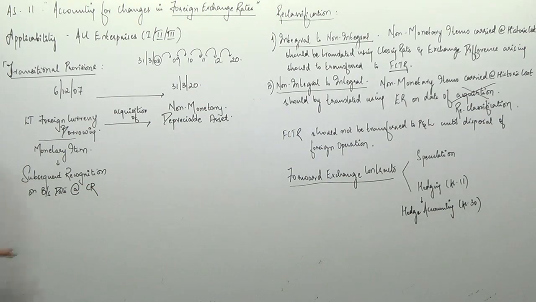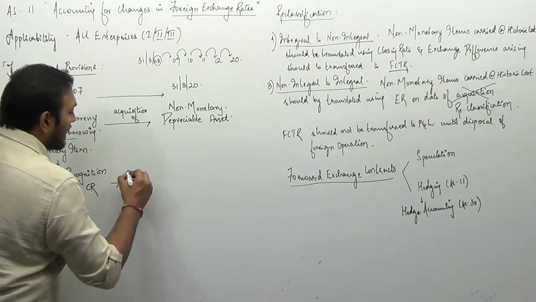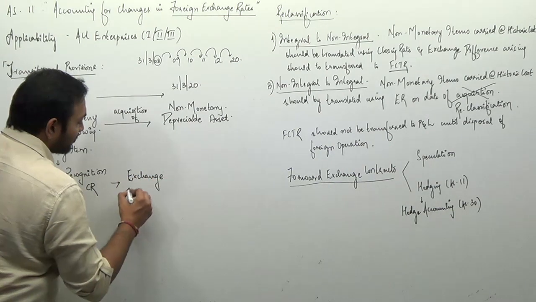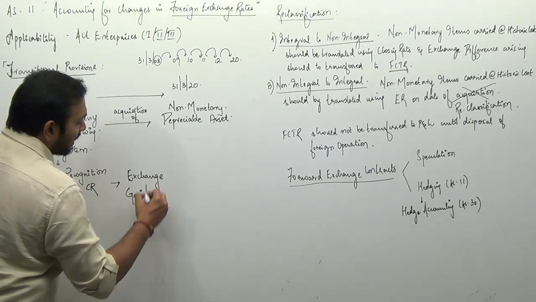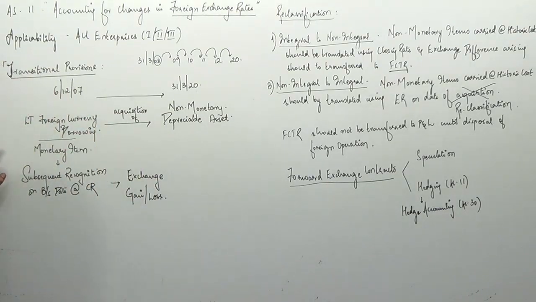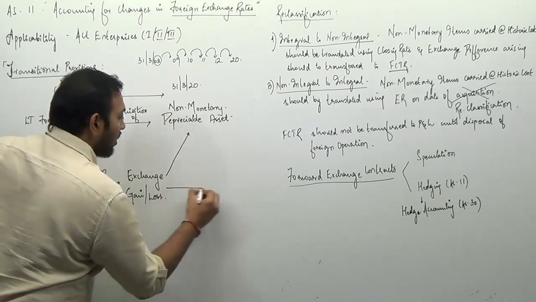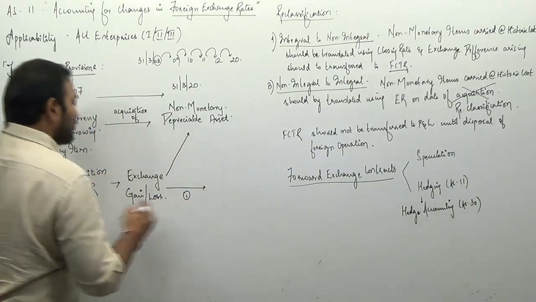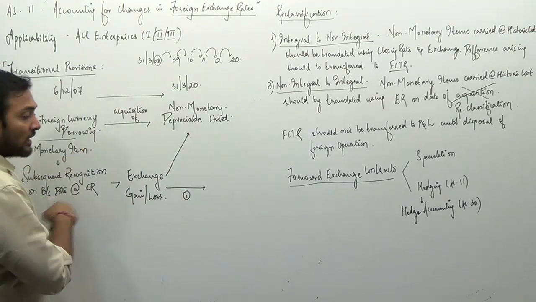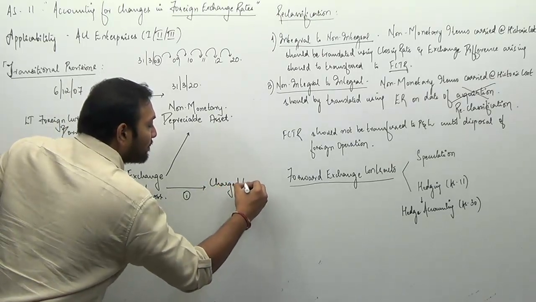There is a change in the exchange rate. So whenever I have a subsequent recognition at closing rate, it might result either in an exchange gain or exchange loss. Talking about the treatment for this. Treatment number 1. Normally exchange gain or losses on subsequent recognition of a monetary item should always be charged to P&L.